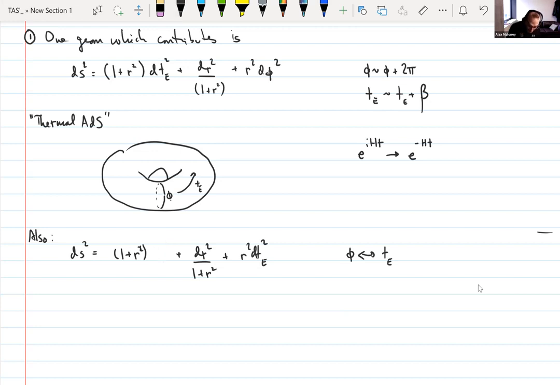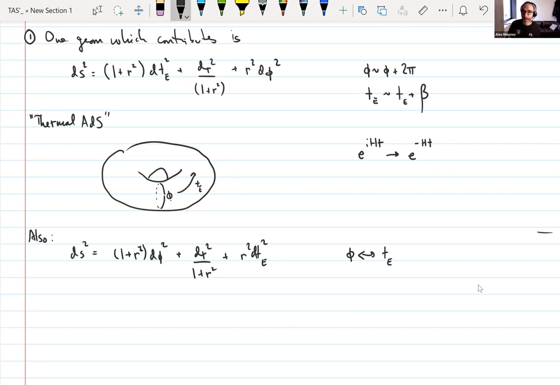Now, because this geometry is related to the one I wrote down above by a change of coordinates, you might think that this doesn't give a new contribution to the path integral of general relativity, because two metrics related by a diffeomorphism are supposed to be the same.